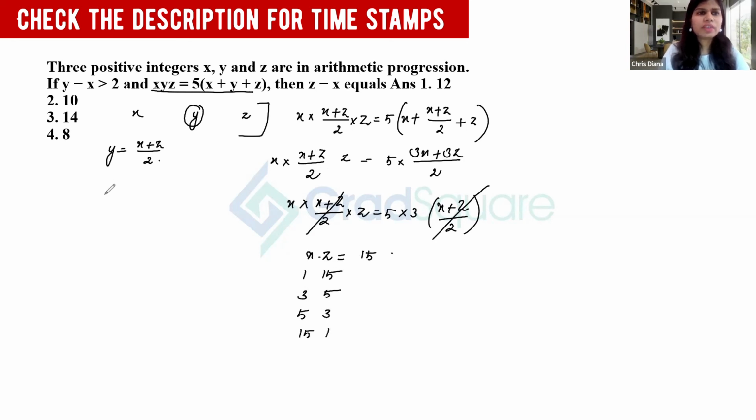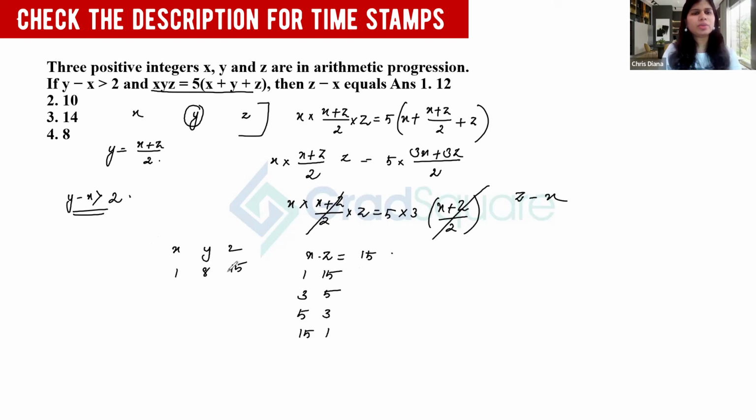Now they are asked y minus x has to be greater than 2. This is one condition that they have specified. I need to get the value of z minus x. Now if x, y, and z terms are such that x is 1 and z is 15, then the middle term is going to be the average of these two, which is exactly 8.